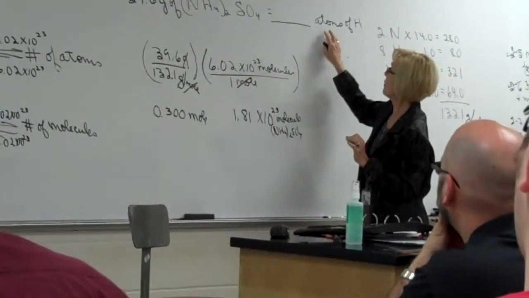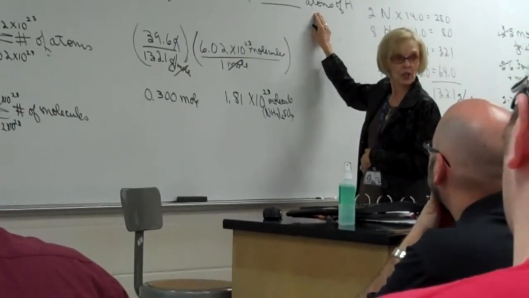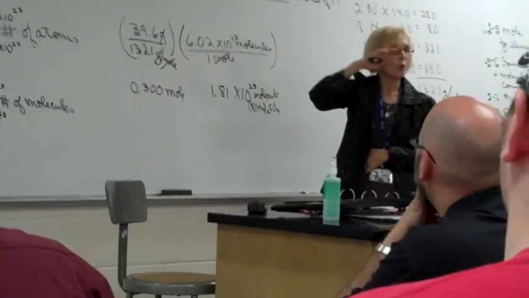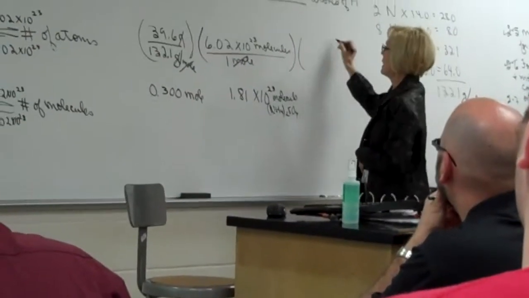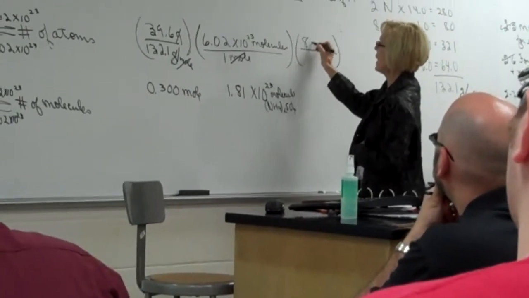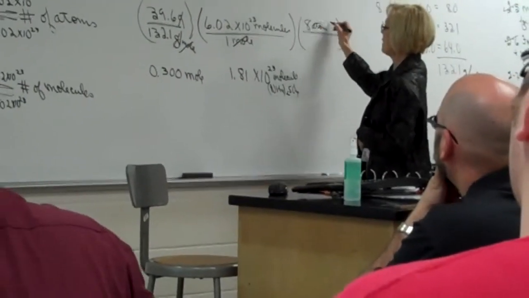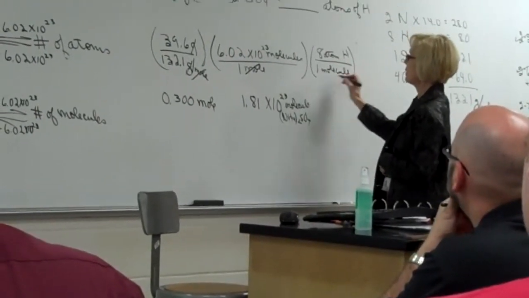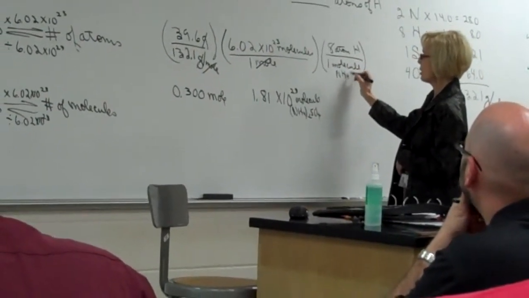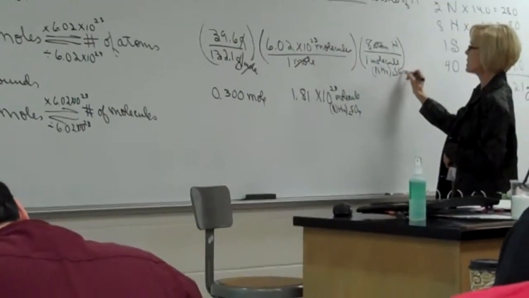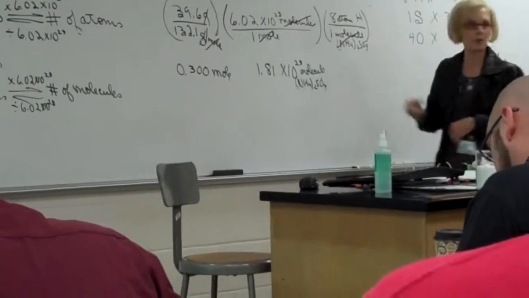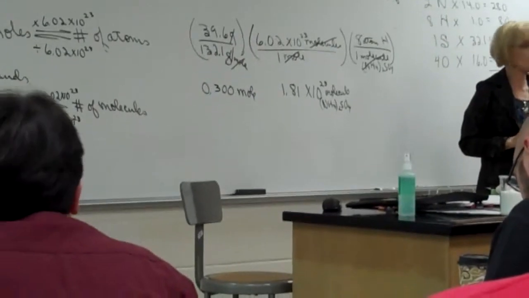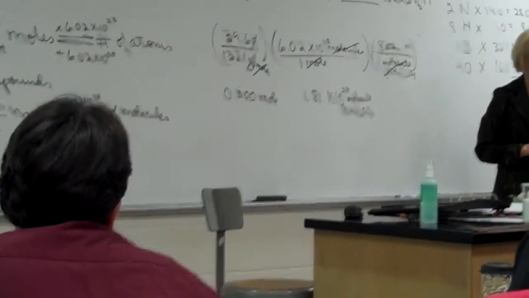And so, if I want to know how many atoms of hydrogen I could get, what you have to think is, rip it apart. And just as Bruce said, we're going to get 8 atoms of hydrogen for every one molecule of that original ammonium sulfate. Molecules cancel, that's going to tell us atoms of hydrogen.